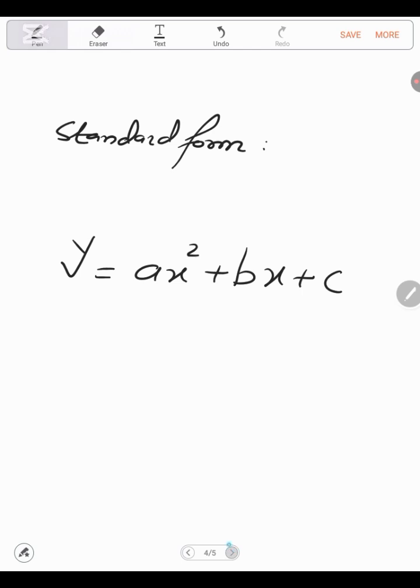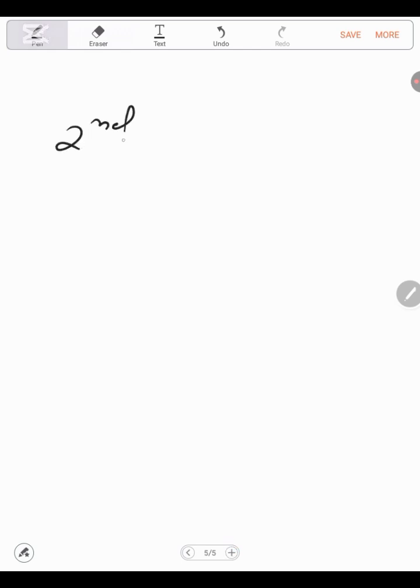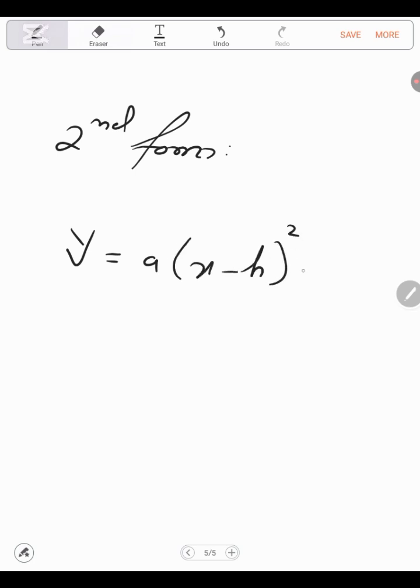Okay, now the second form is y equals to a(x minus h) whole square plus k.